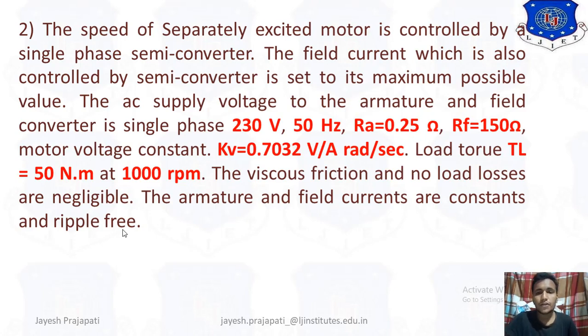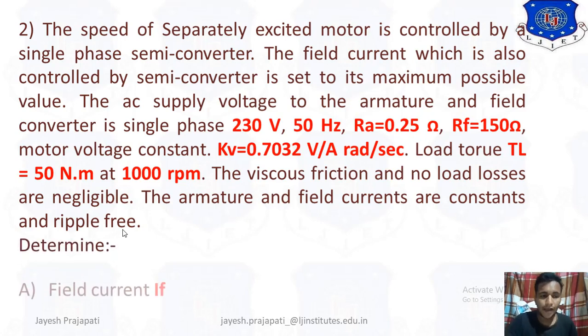The AC supply voltage to armature and field converter is single phase 230 volt 50 Hz, and armature resistance Ra is equal to 0.25 ohm, Rf 150 ohm, motor voltage constant Kv is equal to 0.7032 volt per ampere per radian per second, load torque TL 50 Newton meter at 1000 rpm. The viscous friction and no load losses are negligible. The armature and field current are constant and ripple free.